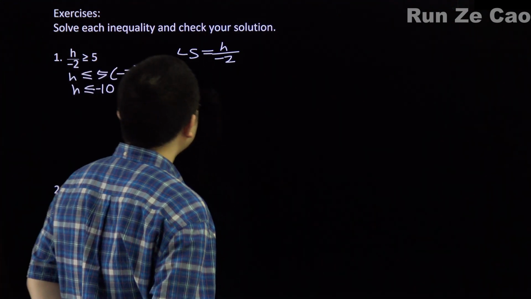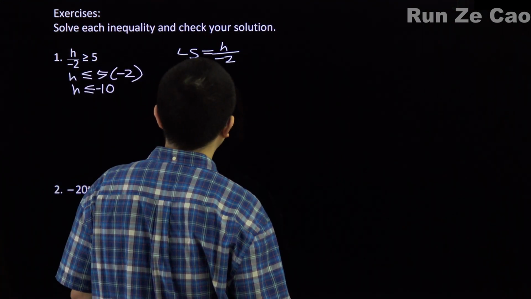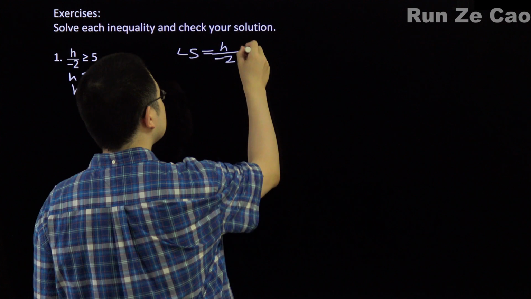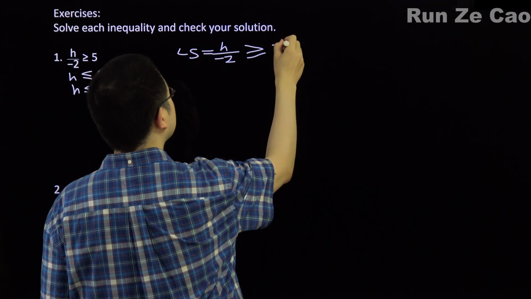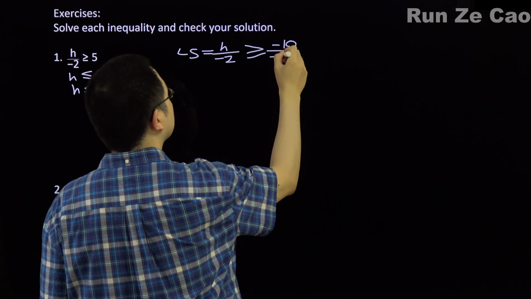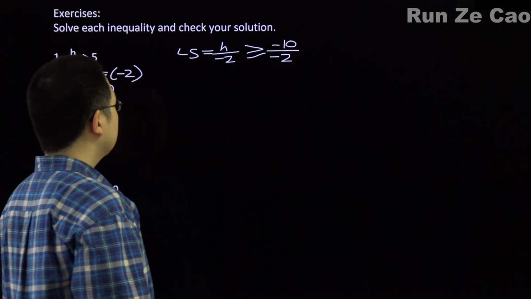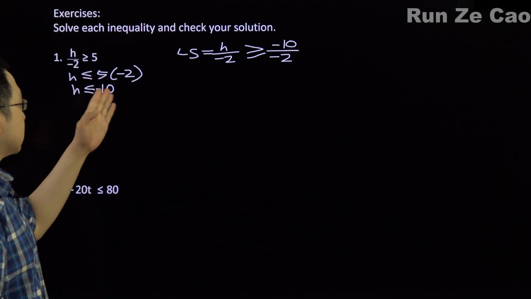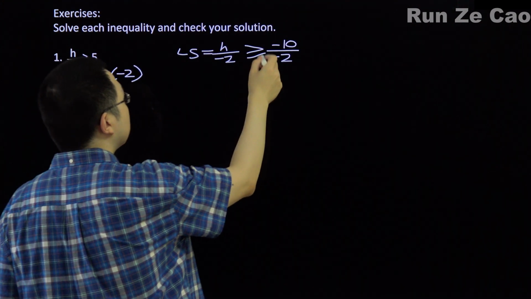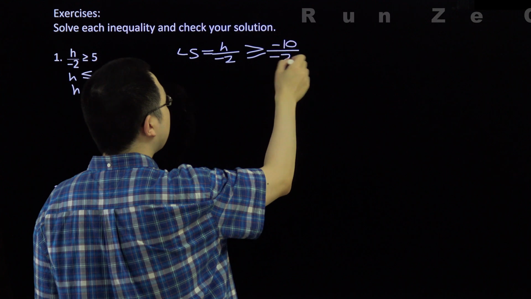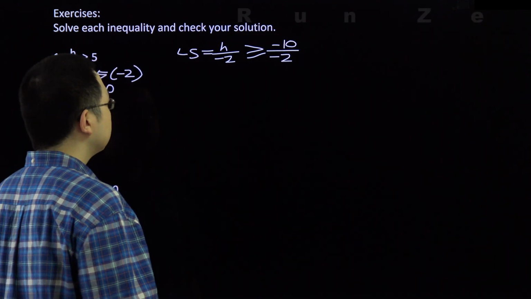Because dividing by negative 2 flips the direction, it is now greater than or equal to negative 10 over negative 2. Now we go from h is less than or equal to negative 10 to h divided by negative 2 greater than or equal to negative 10 over negative 2.